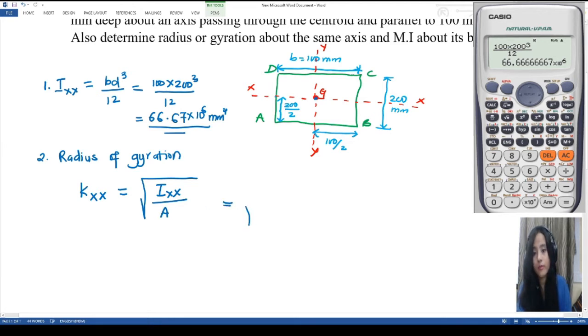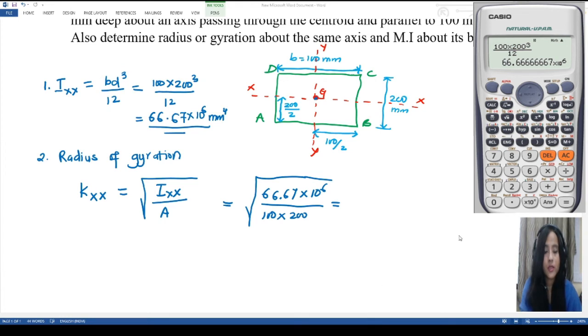So how much is my Ixx? Ixx is equal to 66.67 into 10 raised to power 6 divided by, what will be the area of this rectangular section? It will be 100 into 200. Now let us see how much this will be coming. Let's calculate again.